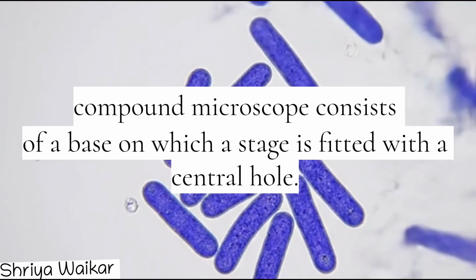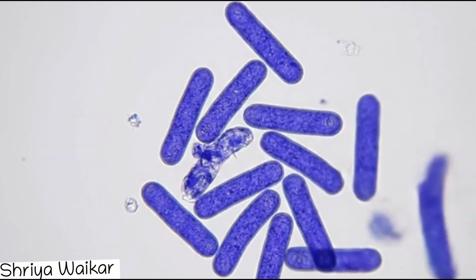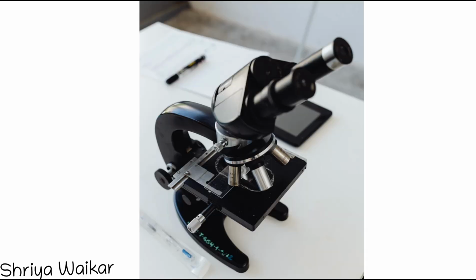A compound microscope consists of a base, to which a stage with a central hole is attached. In the arm, the body tube is fitted in such a way that it aligns with the hole of the stage. At the lower end of the body tube, a nosepiece is fitted, on which two or four objective lenses may be present.